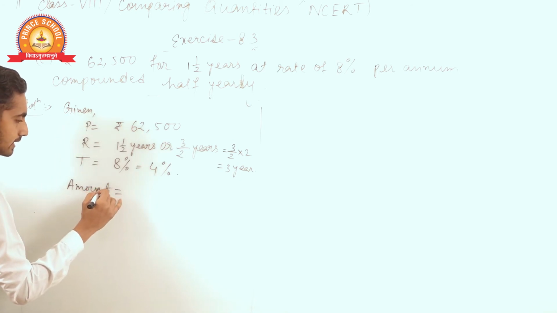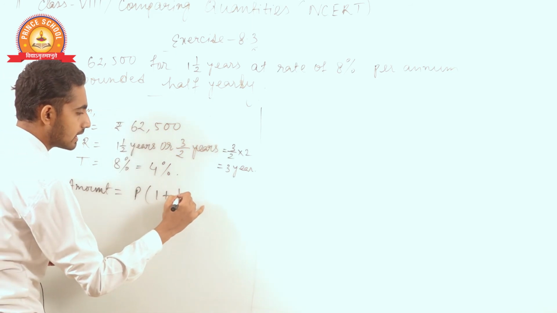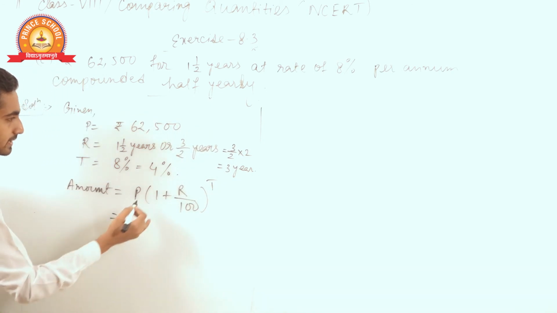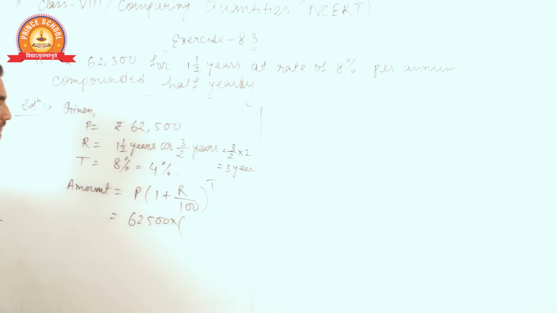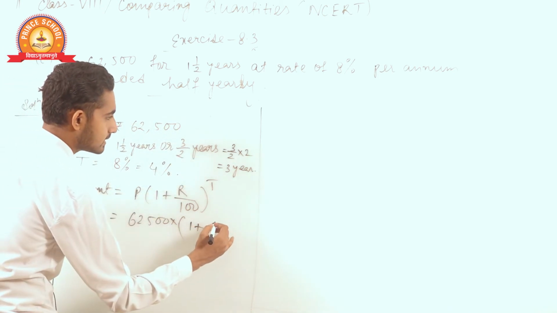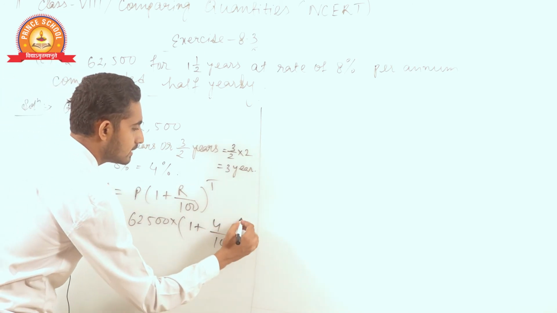So amount is equal to the formula P into 1 plus R upon 100 raised to the power T. P is 62,500 rupees. 1 plus R upon 100 is 1 plus 4 upon 100, raised to the power 3.